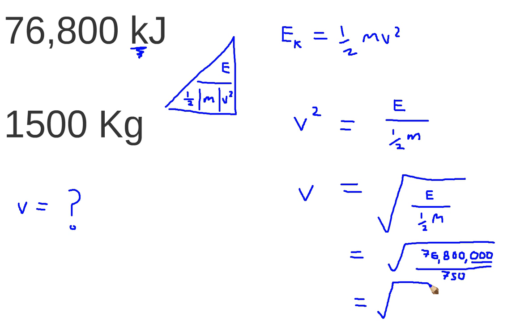So at the very end we have the square root of, let me take my 76,800,000, plugging that into a calculator, divided by 750. Let me just get rid of that notification.